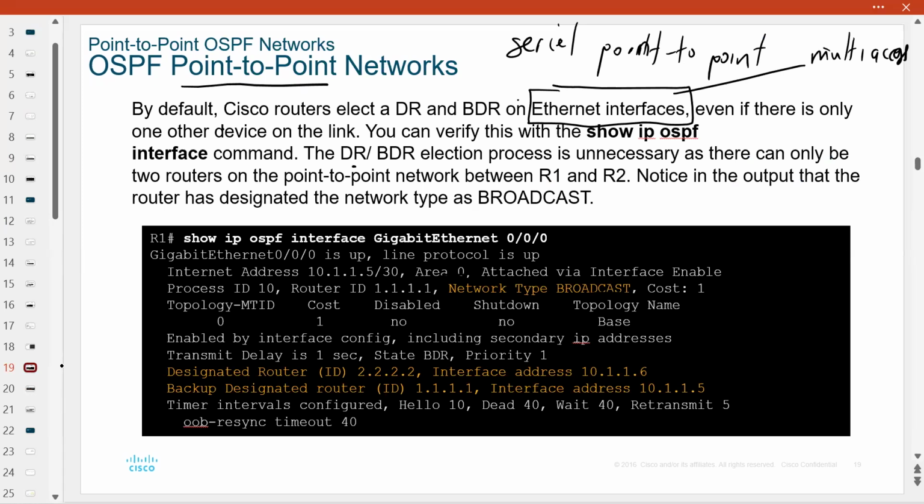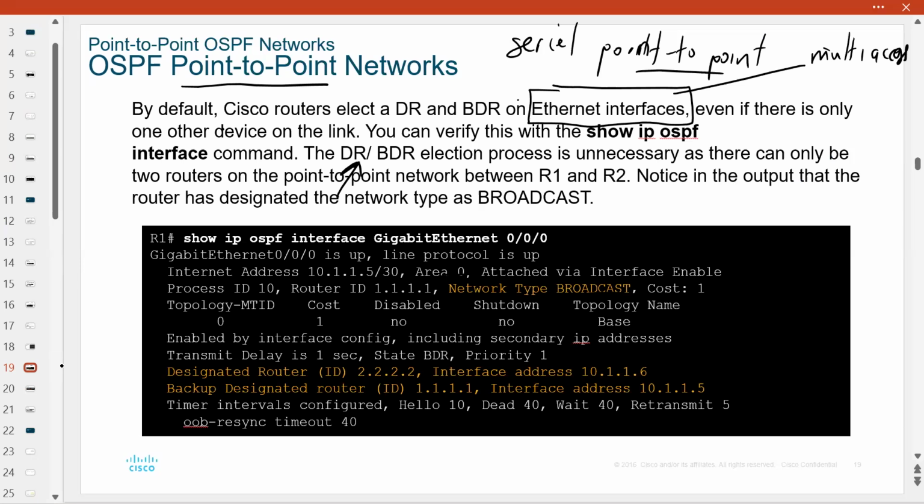All Ethernet interfaces are multi-access by nature. Even if you have a point-to-point communication on an Ethernet interface, what does it mean? There will be a DR, BDR election. Even if you're on a point-to-point, it's a bit confusing. Where we need a DR election is where we have a multi-access.